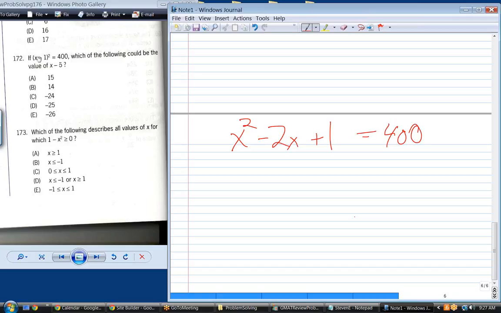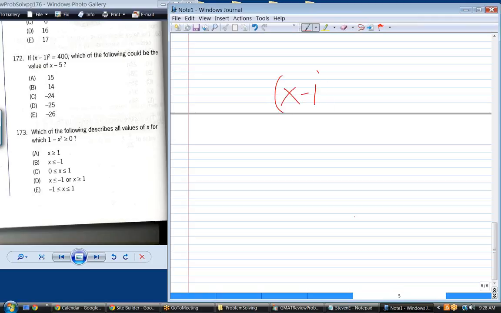What's another way to solve that equation? How do you solve equations where one side is squared? Take the square root of both sides.